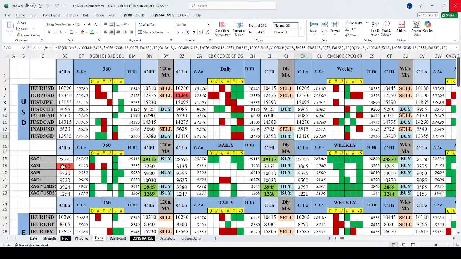If you look into the euro dollar, the trend on the hourly is flat with the downside view, daily is flat with the downside view, weekly is flat with the downside view. The range we are looking at as of now is on the 6 hours, which is 102.90 and 103.10. So we are expecting to hold sell, or sell and hold.